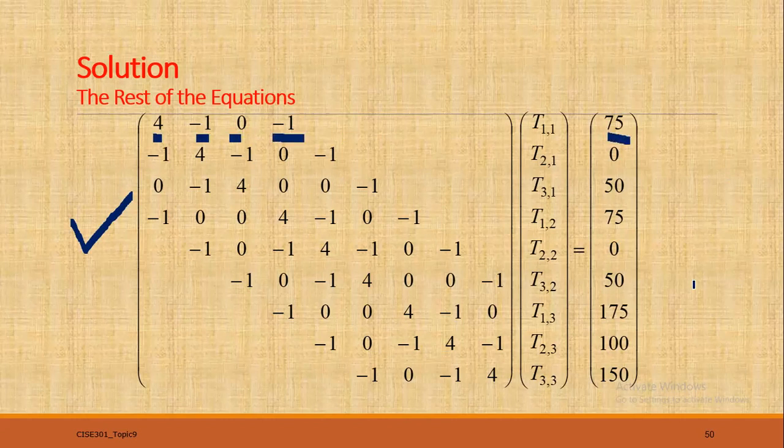So all the discretization forms, all the equations will be defined, and we write them in matrix form. This is the simple matrix. We use any method and solve for the values, and we get the temperature value at each node.